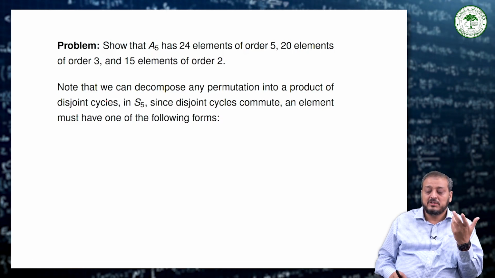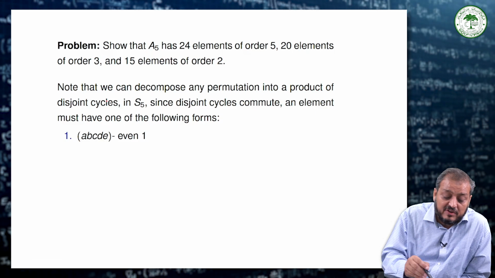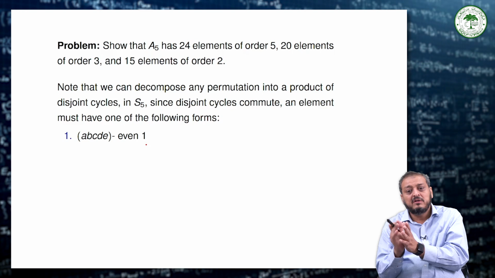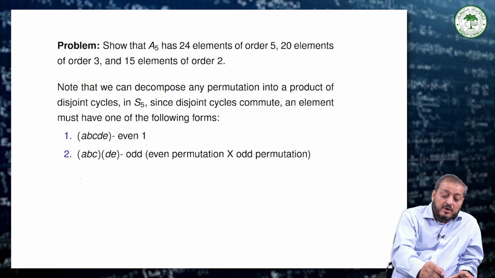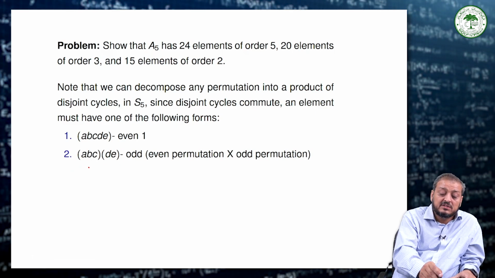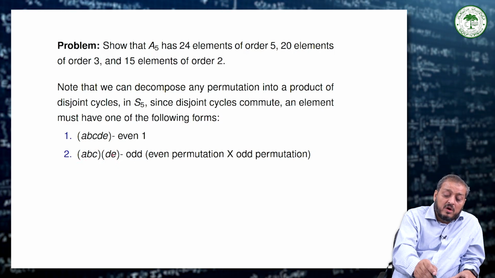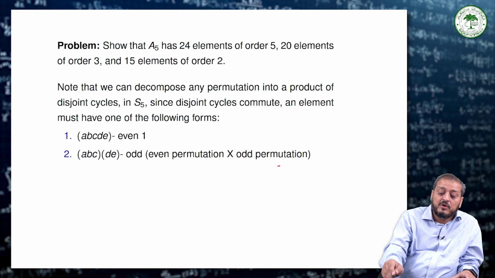So an element must be of one of these forms. Since it has 5 elements, we have A, B, C, D, E, a 5 cycle, which is even. Then a product of two disjoint cycles, A, B, C and D, E: the 3 cycle is even and the transposition is odd, so this gives an odd permutation.